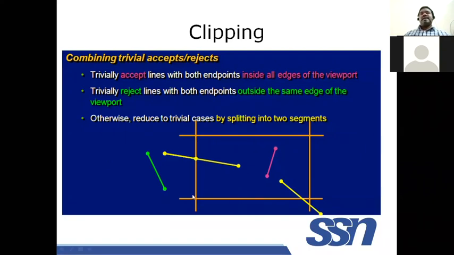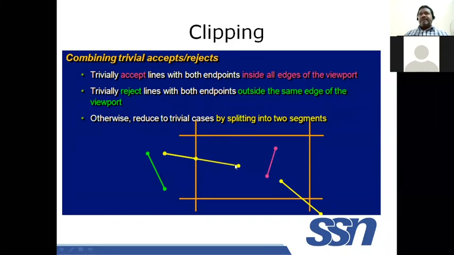So this rectangle is referring to the viewport. Trivially accept means both ends should be lying within the viewport. This pink line you can accept because both the ends are within the viewport, and this green you have to reject because both the ends are lying outside the viewport.